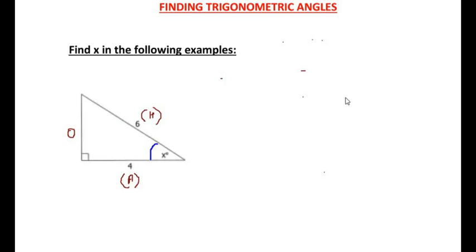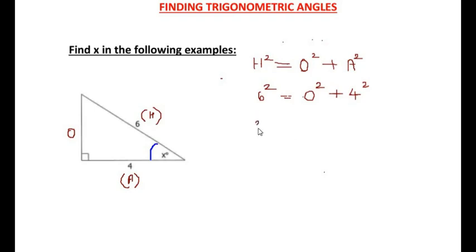Using the Pythagoras theorem we can write hypotenuse square is equal to the opposite square plus the adjacent square. Now hypotenuse is 6 here, so 6 squared is equal to opposite, which we do not know, so opposite squared plus adjacent, which we have as 4, so 4 squared.